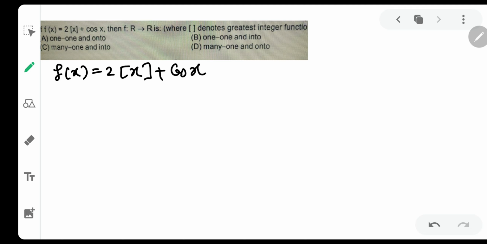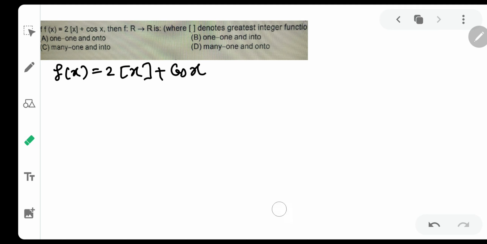Second note is we need to check whether it is one to one or many to one. Now for doing that you should always check the derivative. If for a particular piece or a particular domain the derivative is always positive, then the function will always be increasing. An increasing function is always one to one. And if the derivative is negative, then the function will be decreasing, and it will also always be a one to one function.